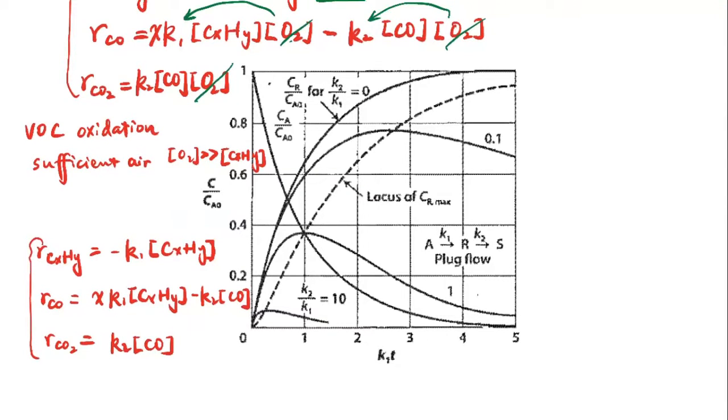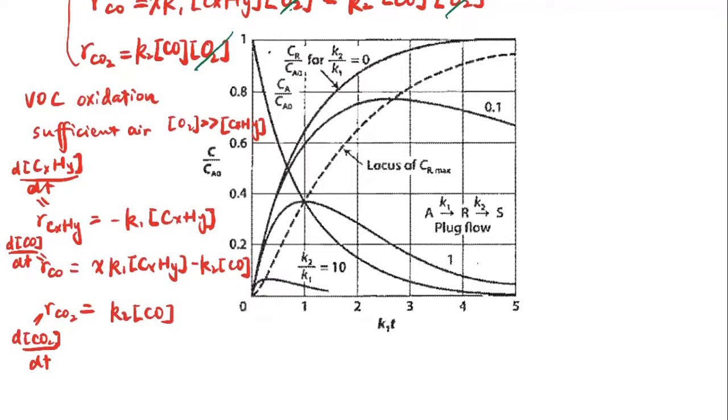If we further write out what these different reaction rates mean, the reaction rate of the hydrocarbon is just dCxHy/dt. This is how we define the reaction rates. For carbon monoxide, that's dCO/dt, and this is dCO2/dt.